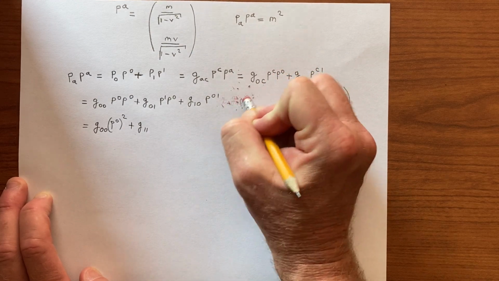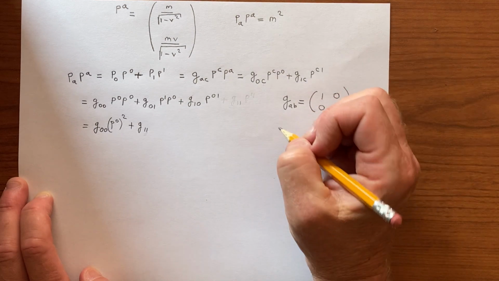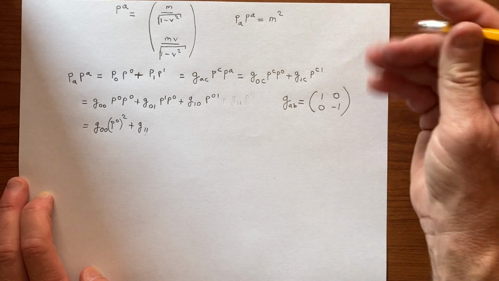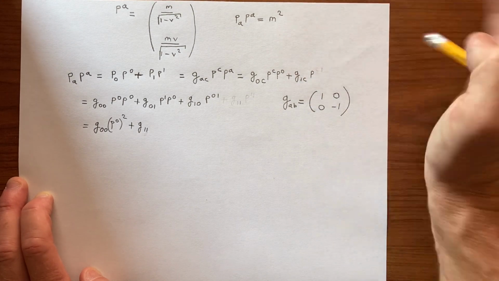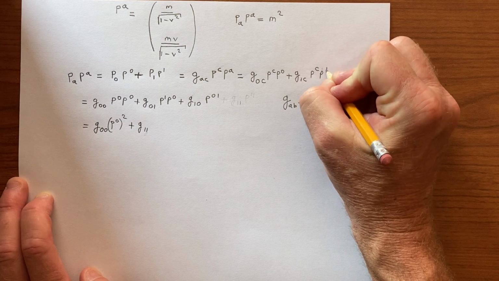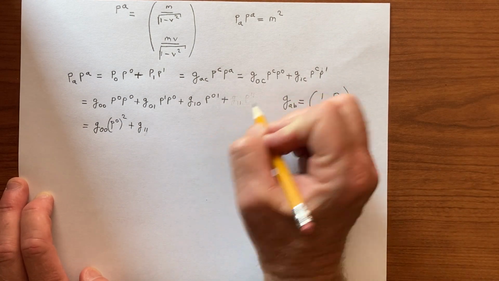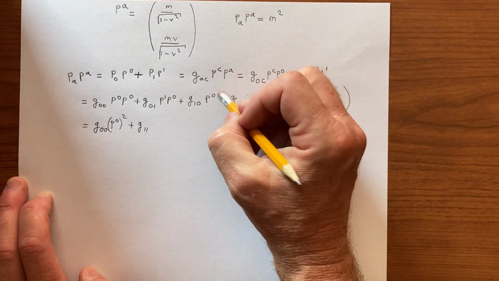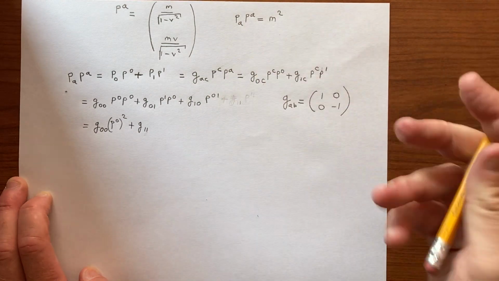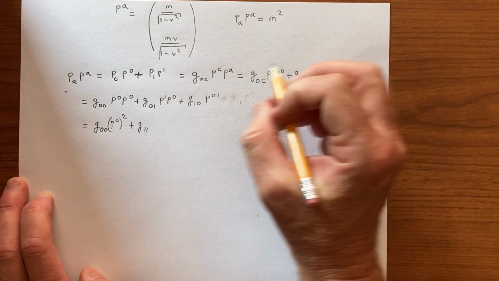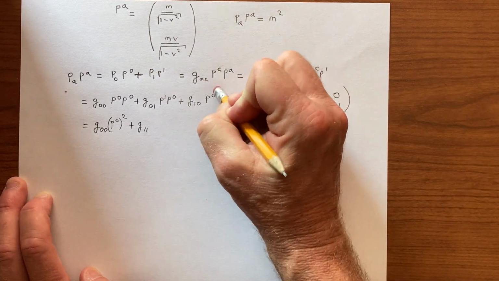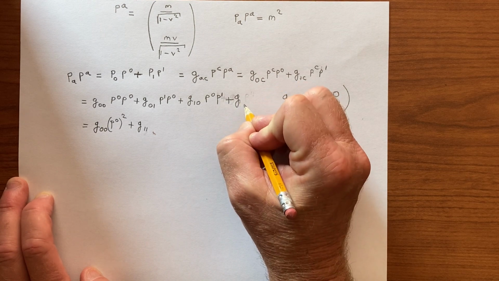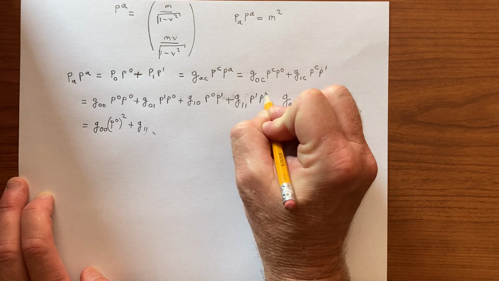So I have G_{10}, C is 0, so this is P^0 P^1, plus G_{10} P^0 P^1, plus G_{11} P^1 P^1.